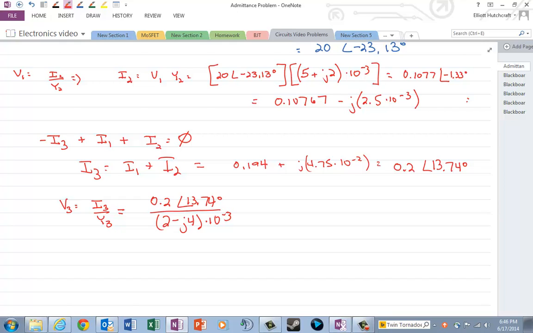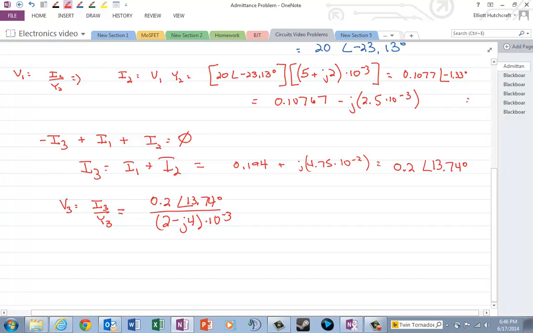When I do this, I'll get for V3 in rectangular form 9.93 plus j 43.6.